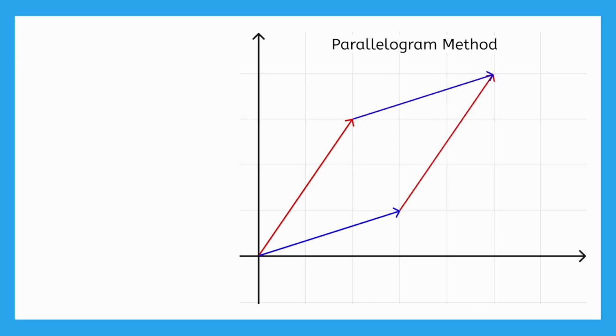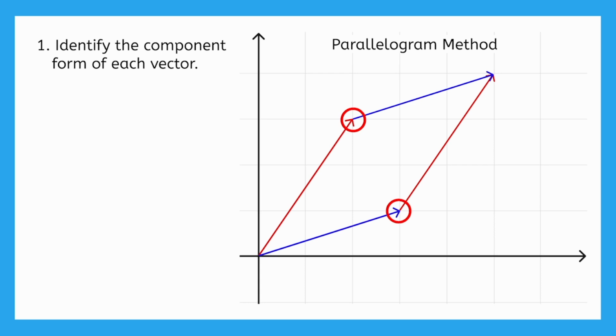For our purposes, we're going to use the same concept of a parallelogram created by two vectors. First, we need to identify the component form of each vector. Do you remember how to do that? Since these are position vectors, their component forms are simply the coordinates of their terminal points. So this red vector has component form 2, 3, and the blue vector has component form 3, 1.